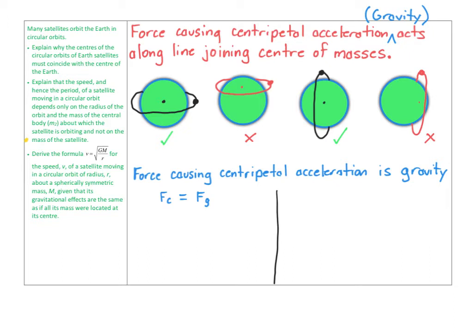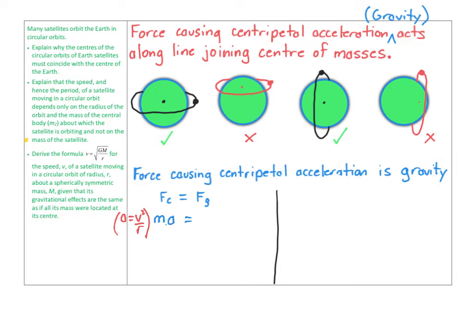Now we know that this force causing centripetal acceleration, from Newton's second law, is equal to mass times acceleration. But we know for circular motion that acceleration is equal to v squared on r. So we'll substitute that in there.